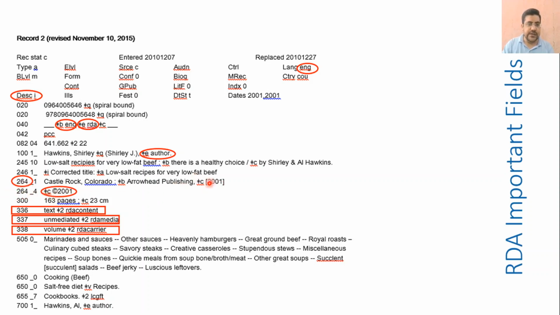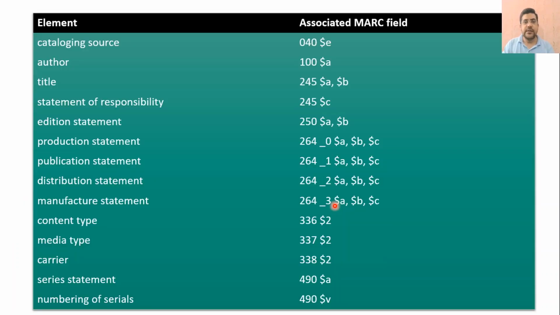So this year is also repeated as a copyright year, and then we have the three mandatory fields here, instead of GMD. 336 is RDA content, 337 RDA media, 338 RDA carrier. So we have to provide all these three fields in an RDA record.